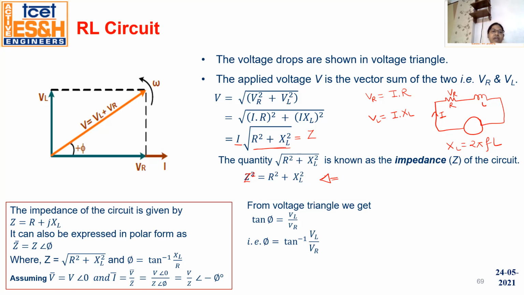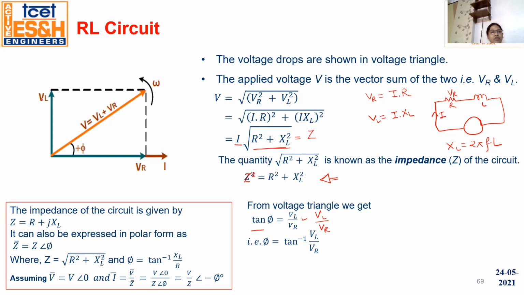Now we have to find this angle. So how can we find it? By applying the property of trigonometry, tan phi is equal to perpendicular upon base. So here the perpendicular in the form of voltage is VL divided by VR.